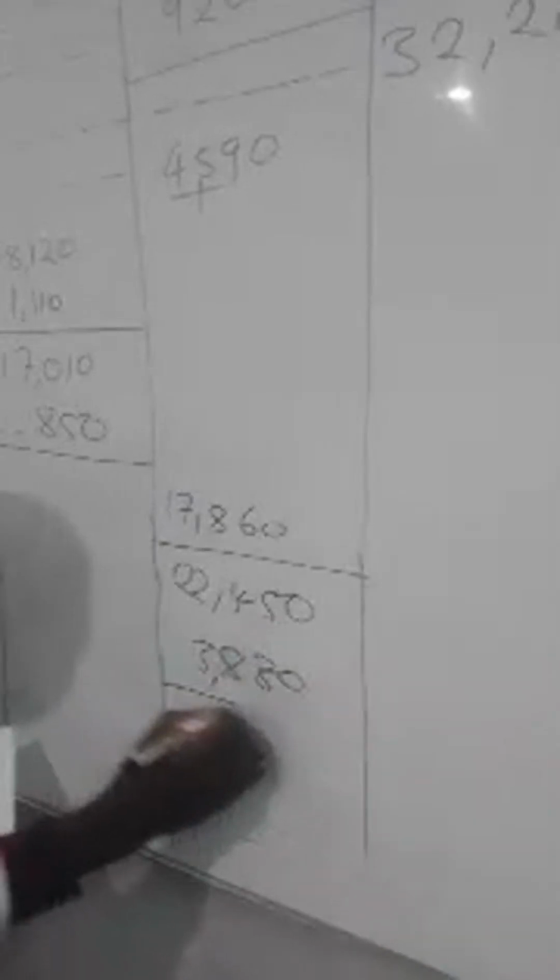So now from there, we're going to say less closing stock. Our closing stock was 3,830.